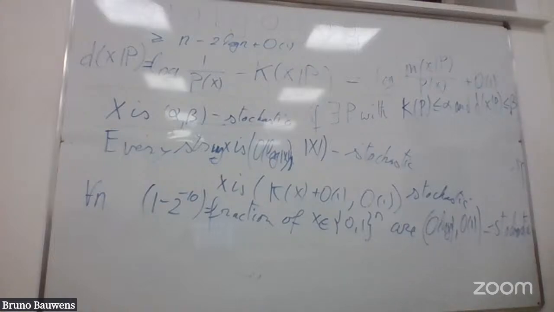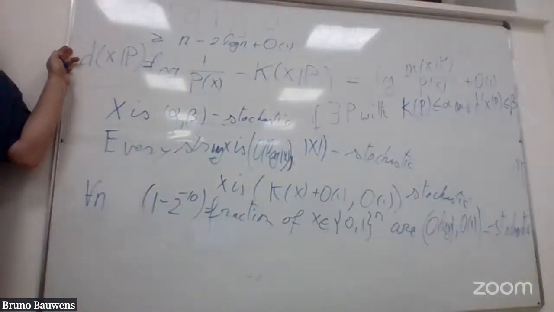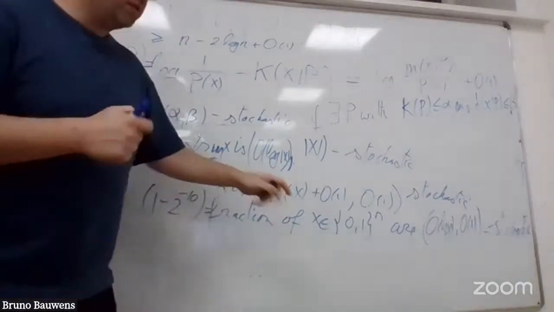So then the complexity of P again is order log n. And we know that if we generate a random string, then the randomness deficiency will be bounded by O of 1. So most of the strings. What else do I have?